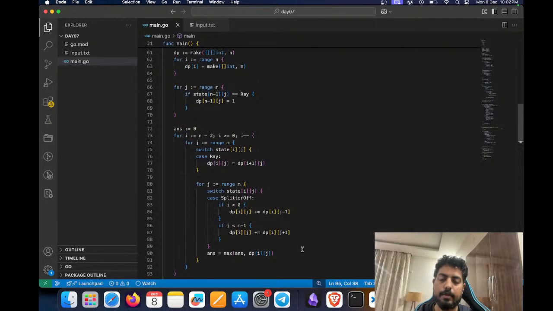I think this should be okay. So we can have only 2 to 3 cases. If a splitter is still off, we don't consider it. If it is a ray, then we just assign the dp state that was just below.